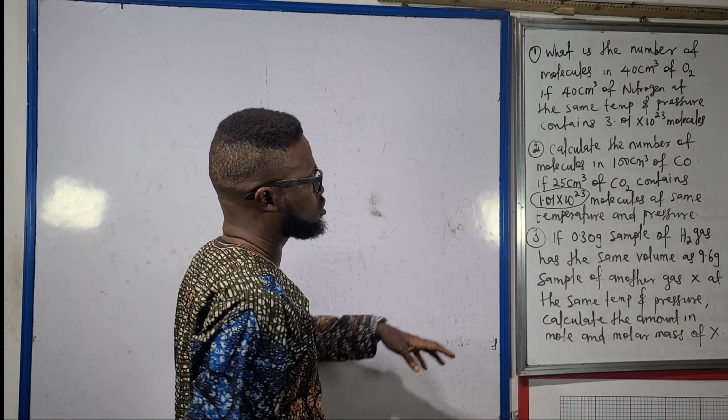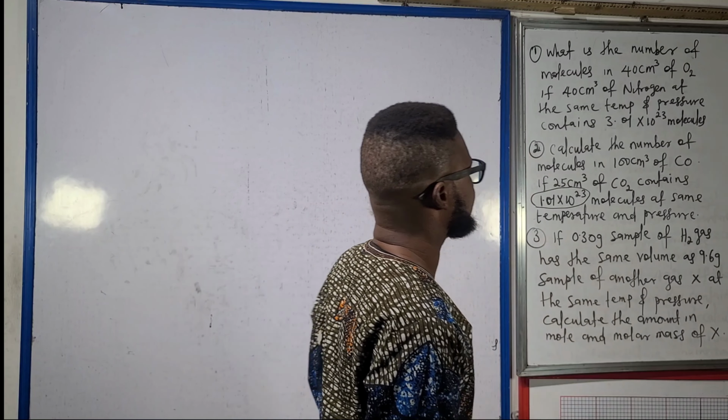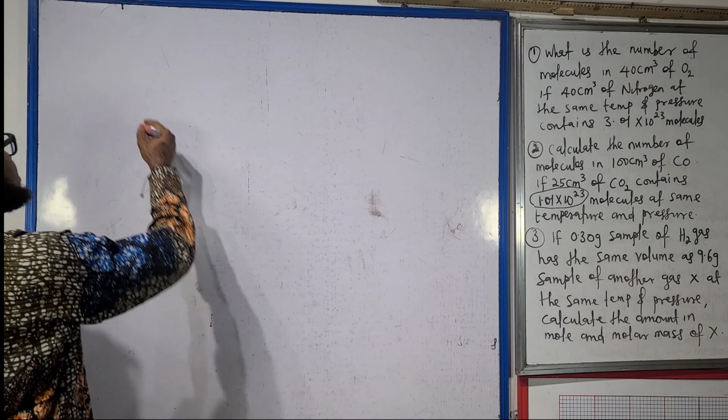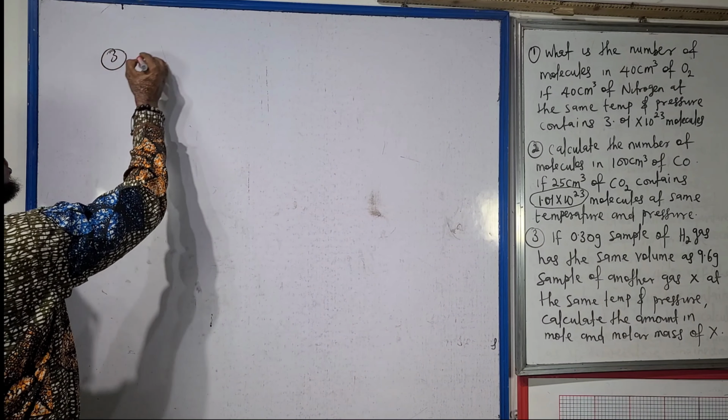Moving on to the third question, we have a question here. If a 0.30 gram sample of hydrogen gas, in this case, we basically have hydrogen gas, okay? We have the mass to be 0.30 gram.